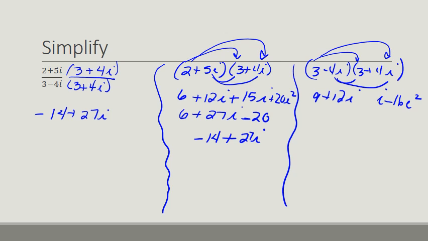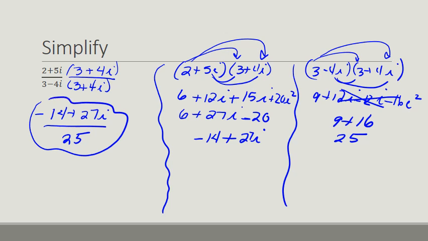The middle terms cancel, so those cancel. Your negative 16i squared becomes plus 16, which will be 25. Okay. None of these are divisible by the same number, so this is simplified.